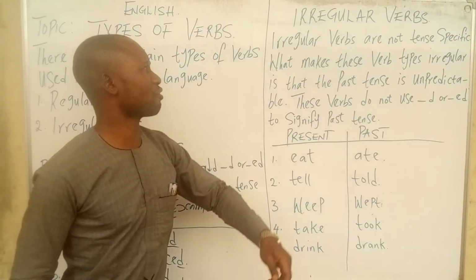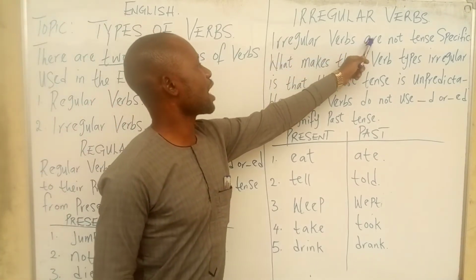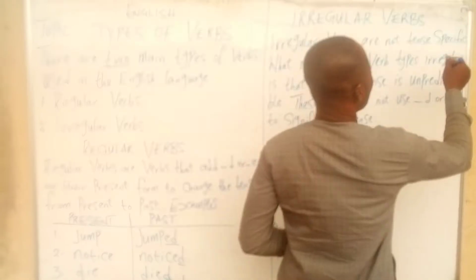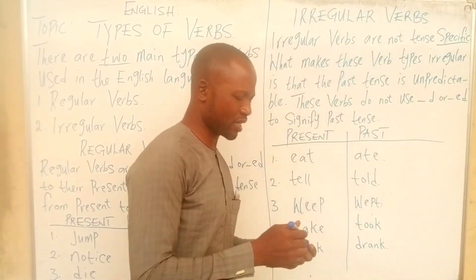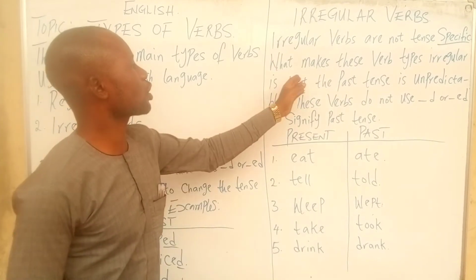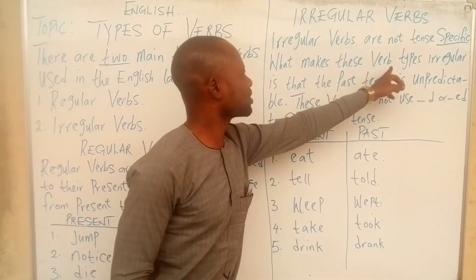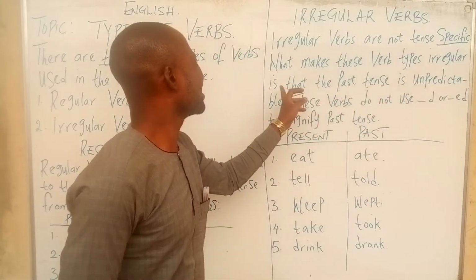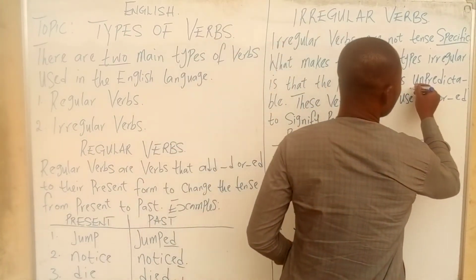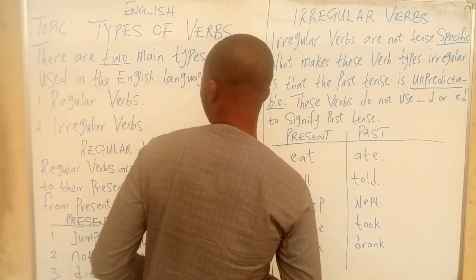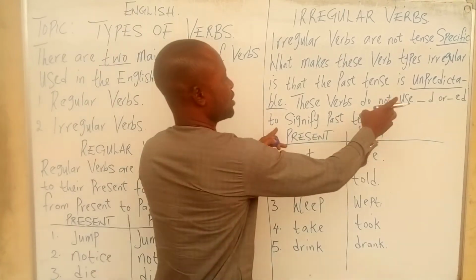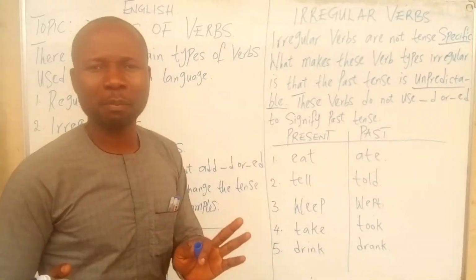So the irregular verb. Irregular verbs are not tense specific. Yes, mark that word. They are not specific. They don't specify. Now let's check another thing I mentioned here. What makes these verb types irregular is that the past tense is unpredictable. Please, I would like you to note this. That means we can predict regular verbs, but we cannot predict irregular verbs. Please mark that.